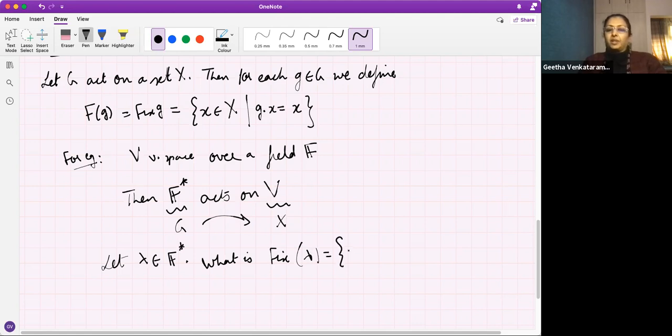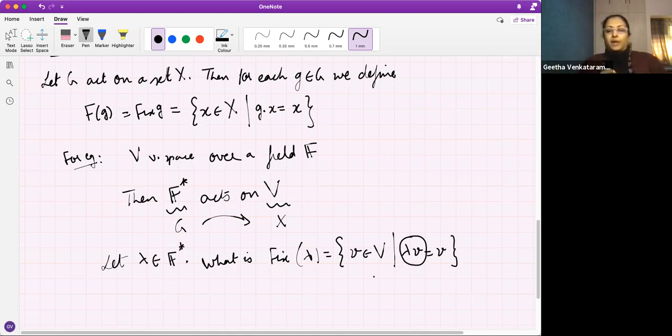By definition, this is all those vectors in V such that lambda V is V. When you scalar multiply the vector by lambda, your vector is just getting scaled.